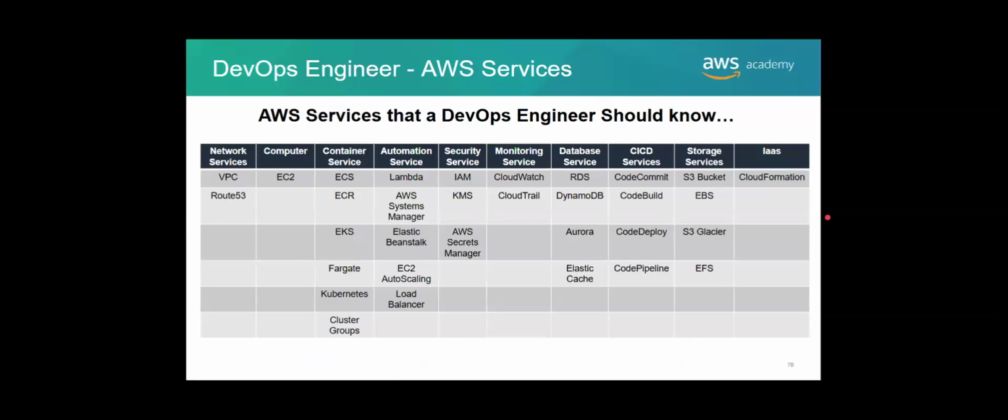You can see VPC, Route 53, EC2, ECS, ECR, EKS, Fargate, Kubernetes, cluster groups, Lambda, AWS Secrets Manager, EC2 Auto Scaling, Load Balancer, ElastiCache, Aurora, RDS, DynamoDB, EBS, S3 Glacier, CodeBuild, CodeCommit, CodeDeploy, CodePipeline, and CloudFormation. All these are the major things you should know in AWS. Apart from that, you need to know other technologies like Terraform.